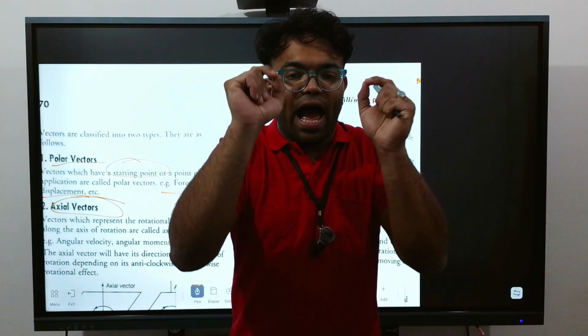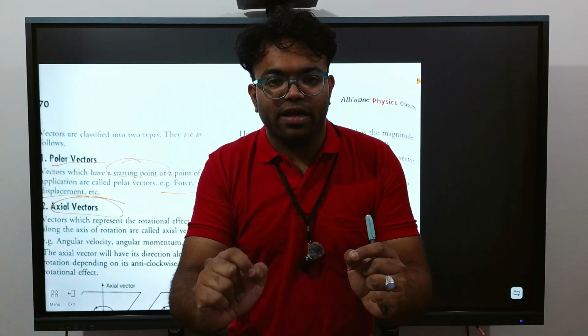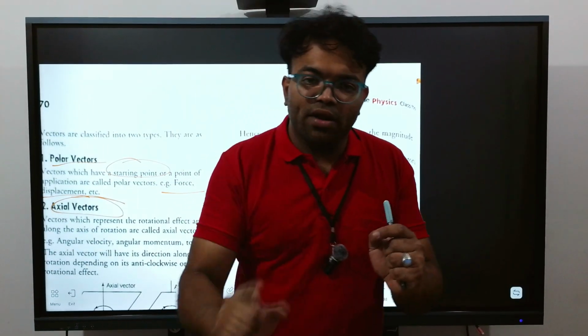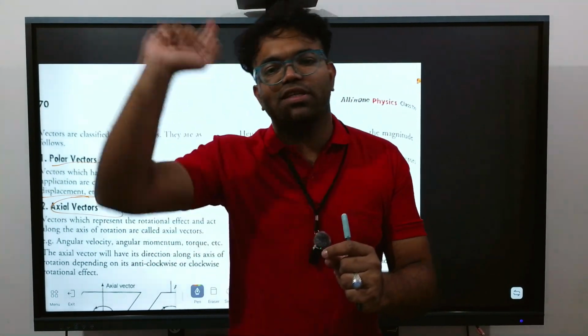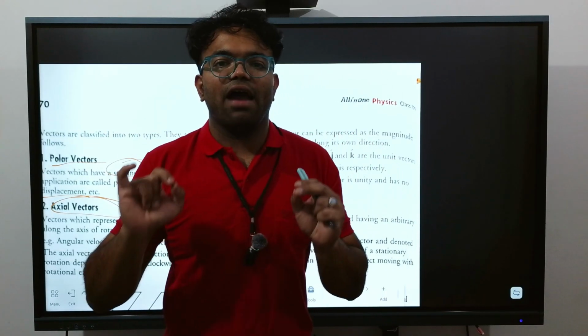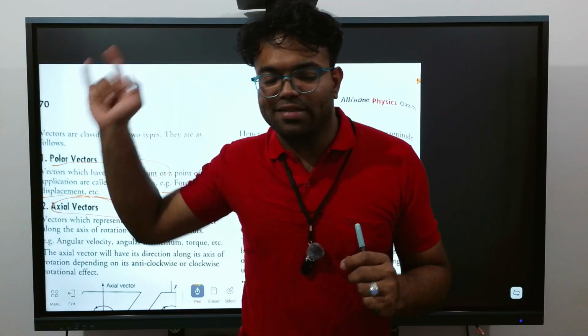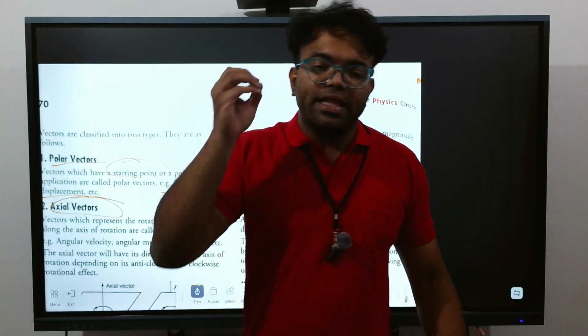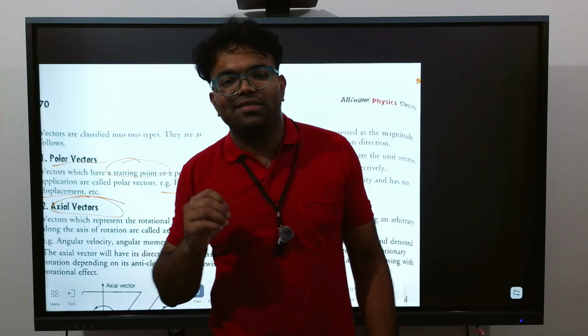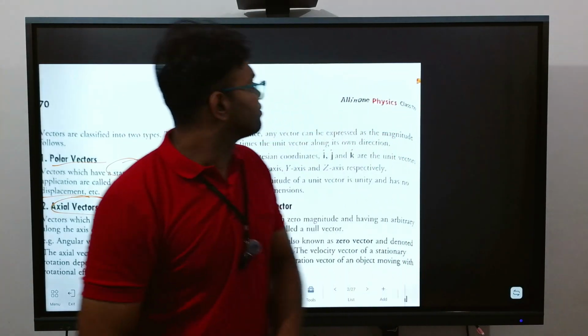We have allotted a unit vector for the x-axis, one for the y-axis, and one for the z-axis respectively. The unit vector that we use for the x-axis is called i cap.